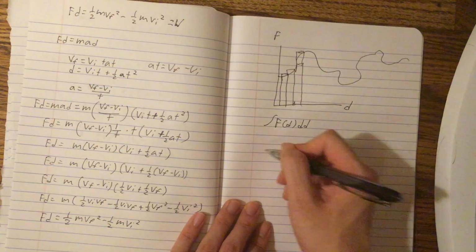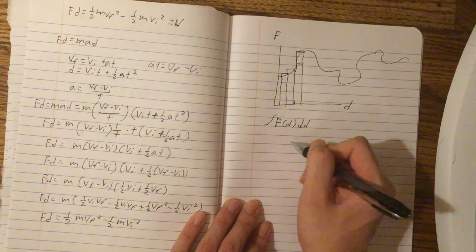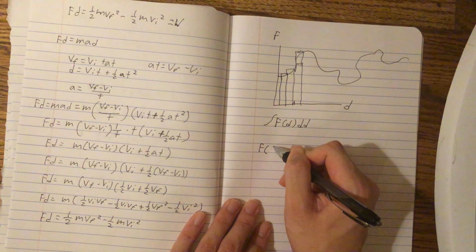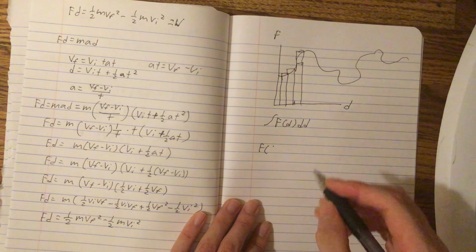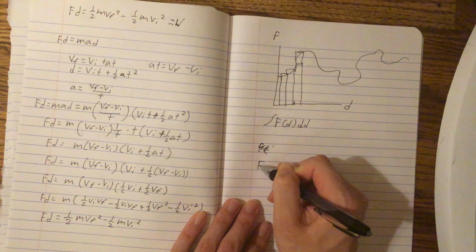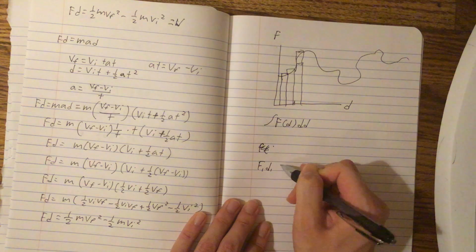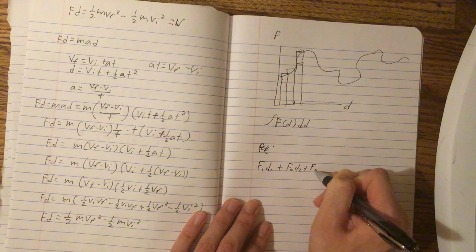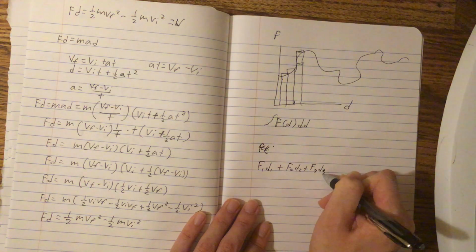We know for certain, so we just get something like F1 d1, the first rectangle, plus the second rectangle, plus the third rectangle, dot, dot, dot.